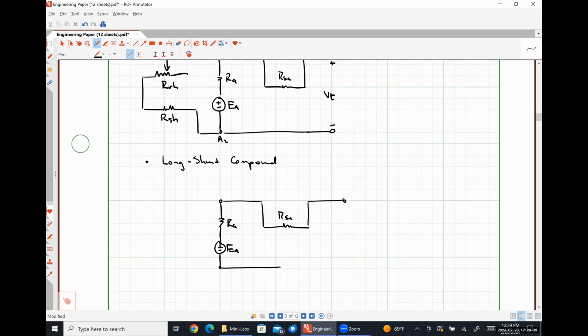And my terminals. And now I'm going to, instead of connecting that field winding in shunt directly across the armature terminals, effectively feed this back around like so. So it's connected in parallel with the external terminals of the device as opposed to the armature terminals.